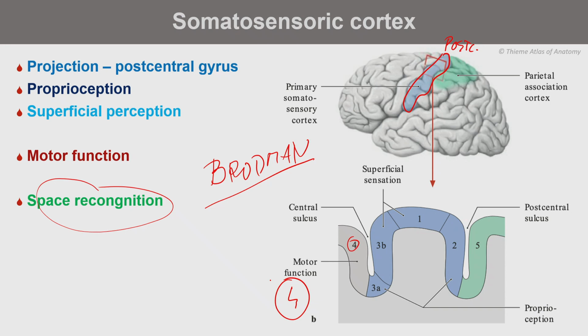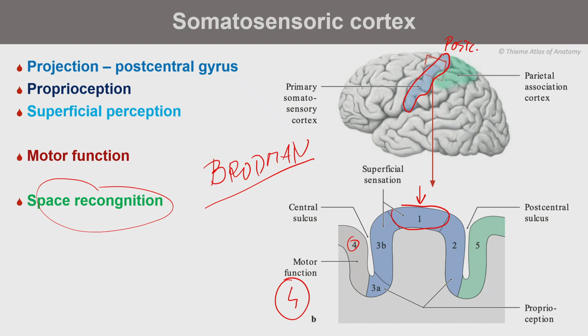And then we have somatosensory territories, which are divided into the 1, 2, 3 territories. So this is a 1. 1 is the tip or top of the gyrus.